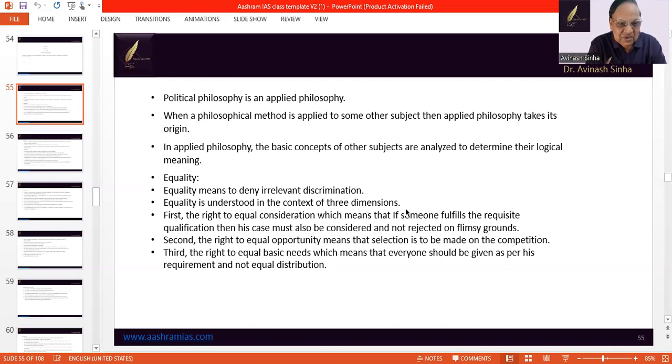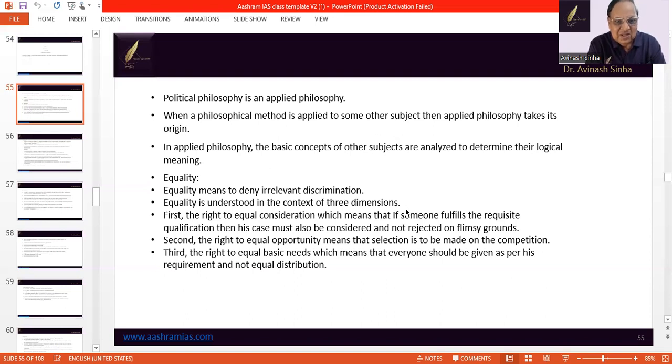The first is the right to equal consideration. This means that if one fulfills all requisite qualifications and conditions in a certain case, say for example appointment, then his case must be considered. His case must not be rejected on flimsy ground.